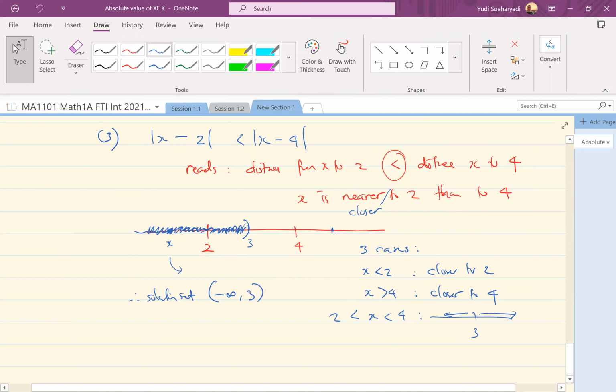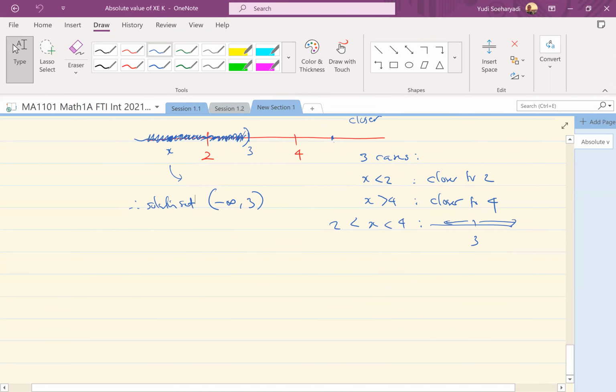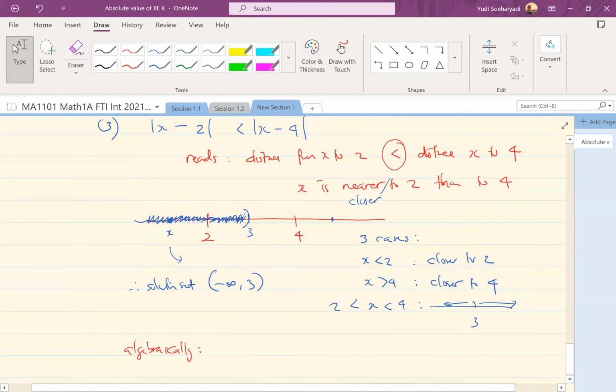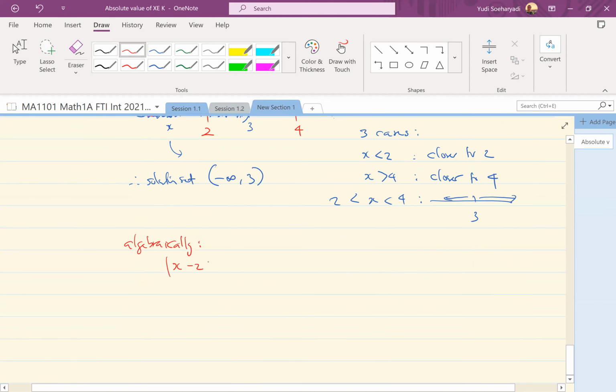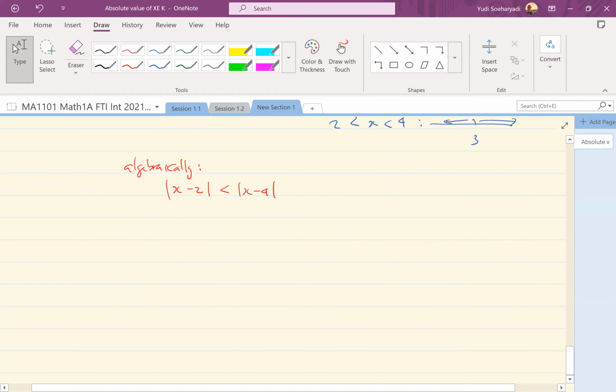I'll show you how to do this algebraically. Because for more complicated cases, that's the only way that we can actually do it. All right, so let's do algebra. Here, 2. This is 4.